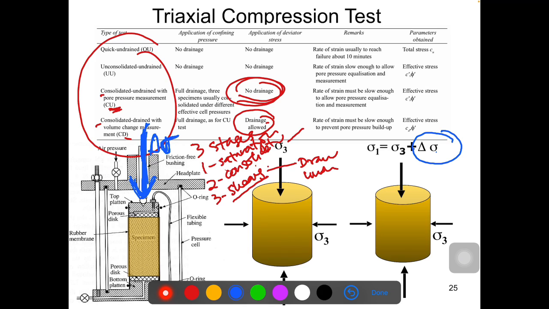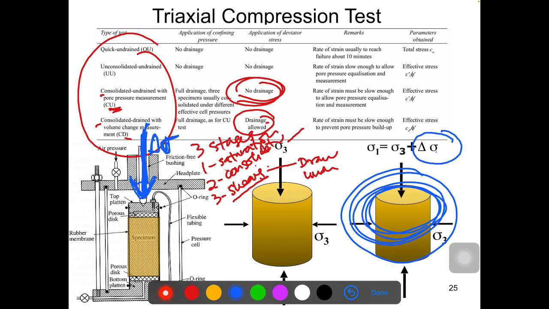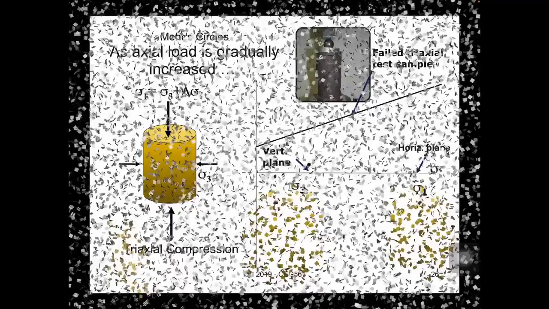That additional stress, plus the stress already all around, sigma 3, is your sigma 1, axially. So that is the triaxial compression test.